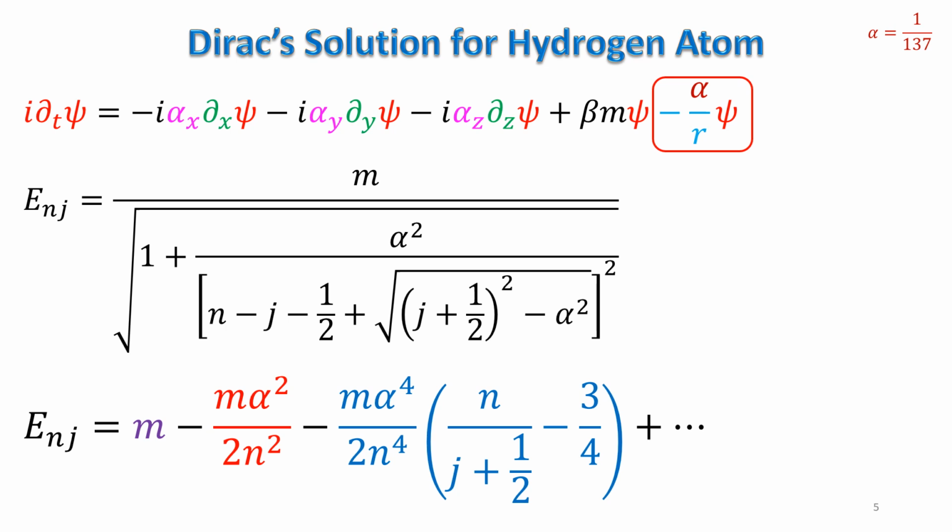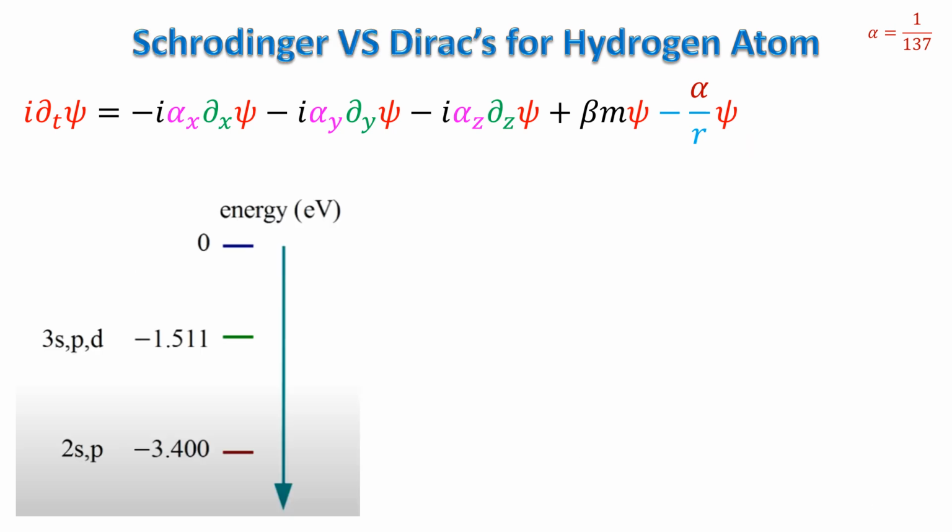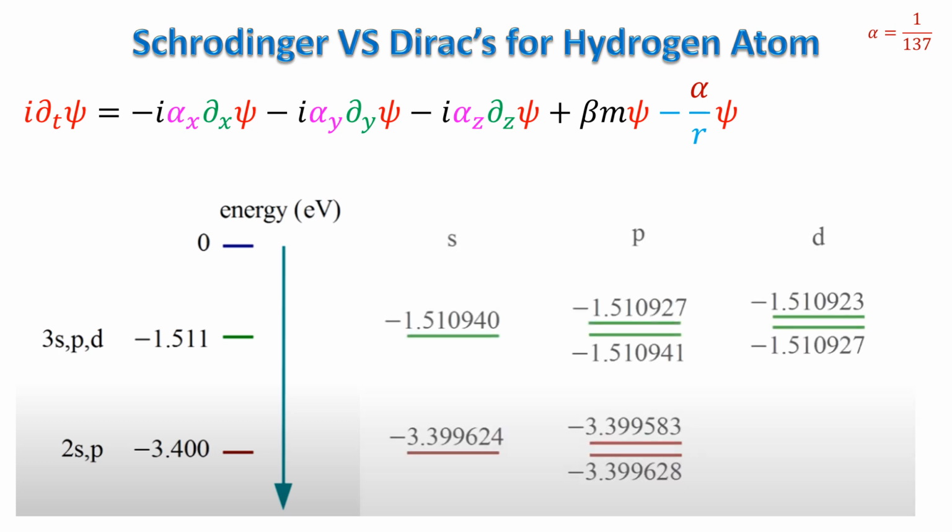we will specify in the next slide. As I said, Schrodinger's equation predicts identical energy levels for all orbitals, like s, p, d and so on, that correspond to the same principal quantum number n. However, in practice, all orbital types except the s orbital are observed to split into two very closely spaced energy levels.